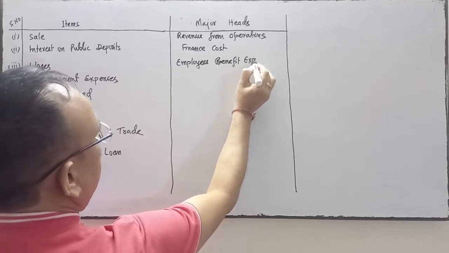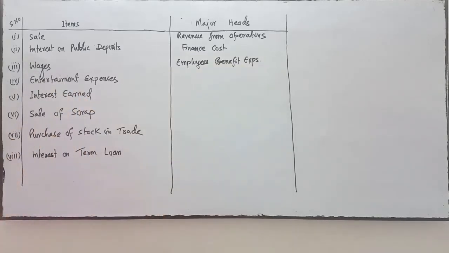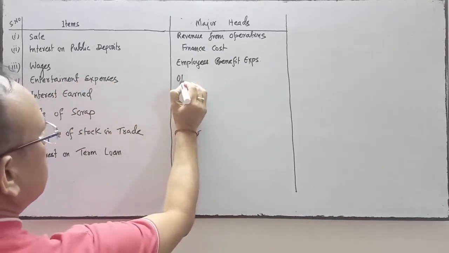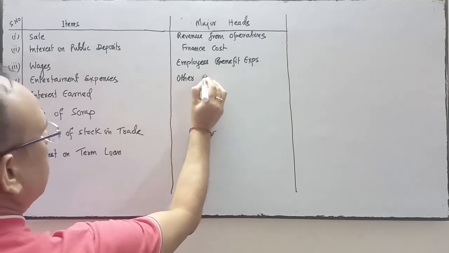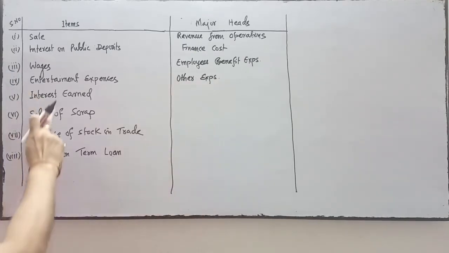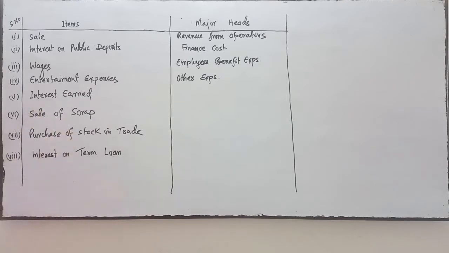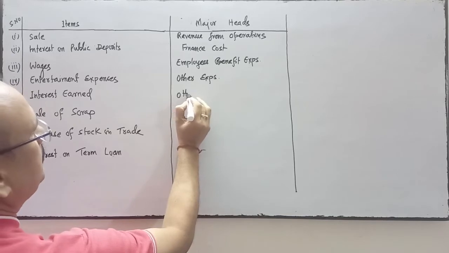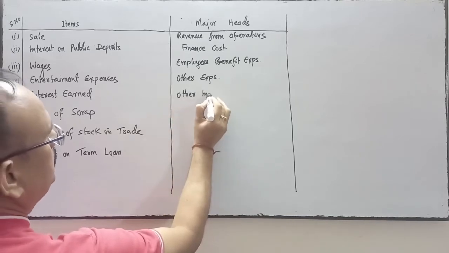Is it clear? Employee benefit expenses. Then entertainment expenses comes under other expenses. Interest earned comes under other income. It is not coming under revenue income, it comes under other income.